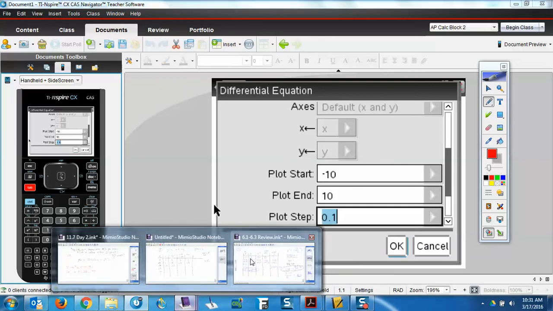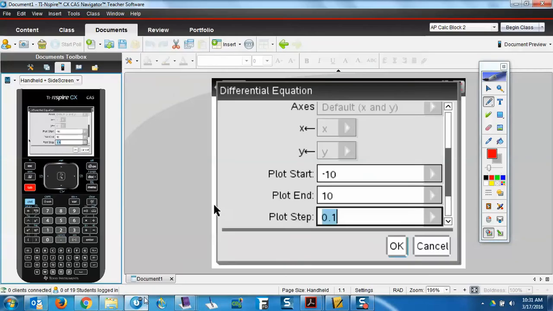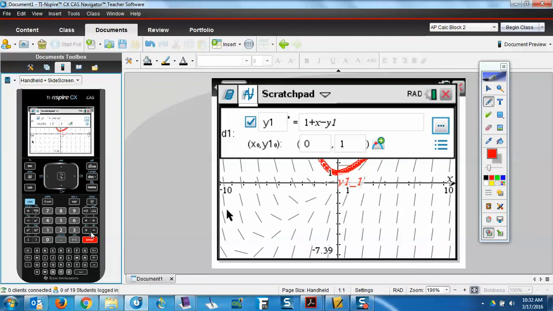Our new problem is a step size of 2 minus 0 over 10 steps, right? What's that? 0.2, 2/10. So our new problem, 10 steps, is a step size of 0.2. So we need to put in 0.2 and hit enter.